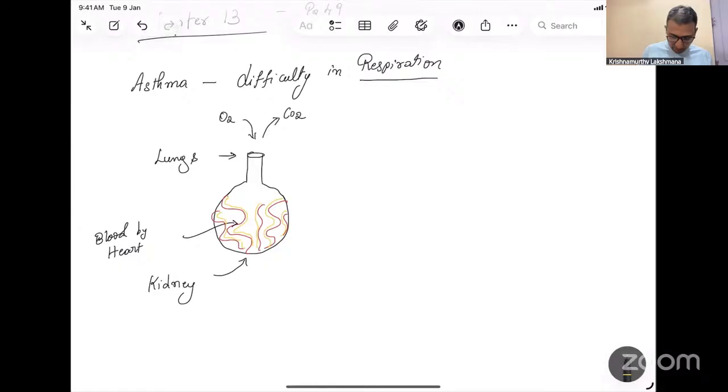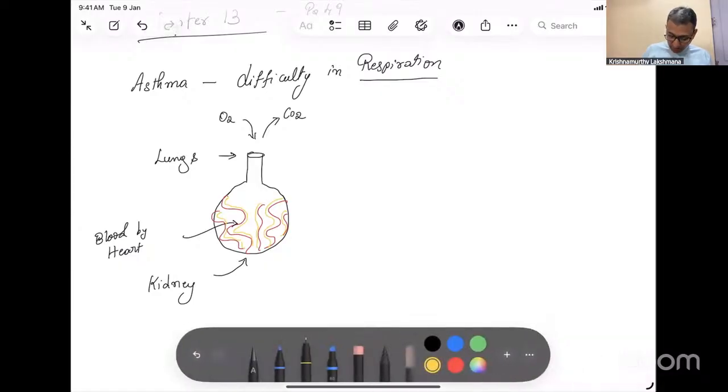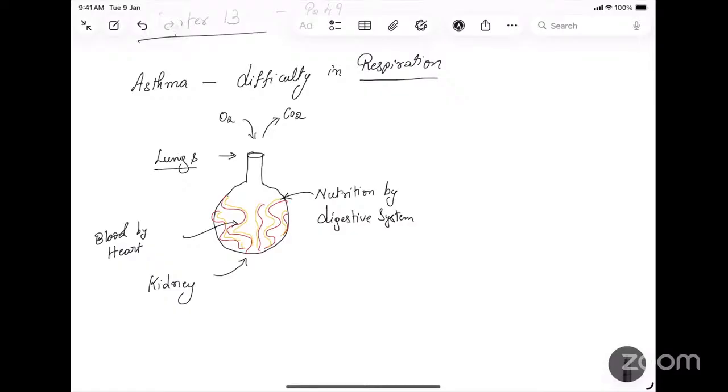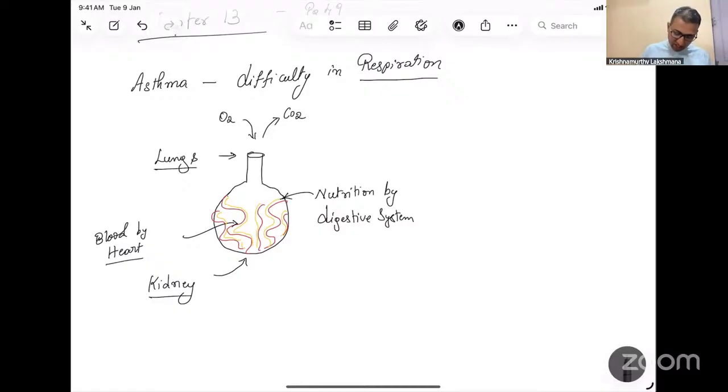So red blood is by heart and nutrition is by digestive. Up to this part, everybody is okay. So we have lungs, we have kidney, we have heart, and we have digestive system. Four things involved. So how many types of asthma can come?